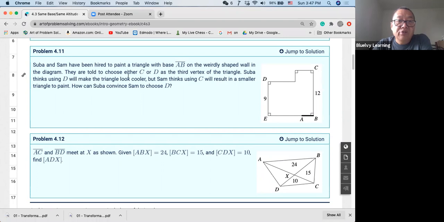They are told to choose either C or D as the third vertex of the triangle. Suba thinks using D will make the triangle look cooler, but Sam thinks using C will result in a smaller triangle to paint. How can Suba convince Sam to choose D?